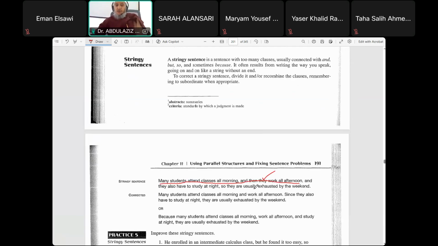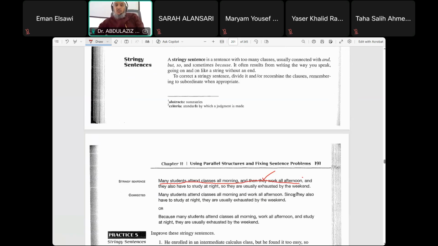You can separate it into two parts. See, many students attend classes all morning and work all afternoon, full stop. Then he said, since they also have to study at night, they are usually exhausted by the weekend. Since here means because they also have to study at night, they are usually exhausted by the weekend.